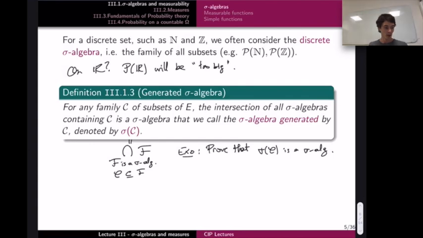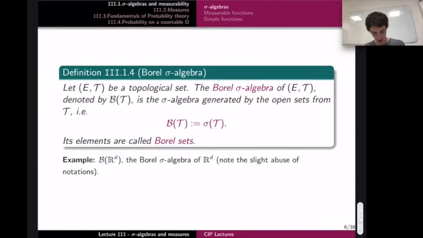And here this is rather some vocabulary rather than a new definition. If you start from a topological set, where T is the set of all open sets, then the Borel sigma algebra of E, which we denote by calligraphic B, B of T, is the sigma algebra generated by all the open sets.